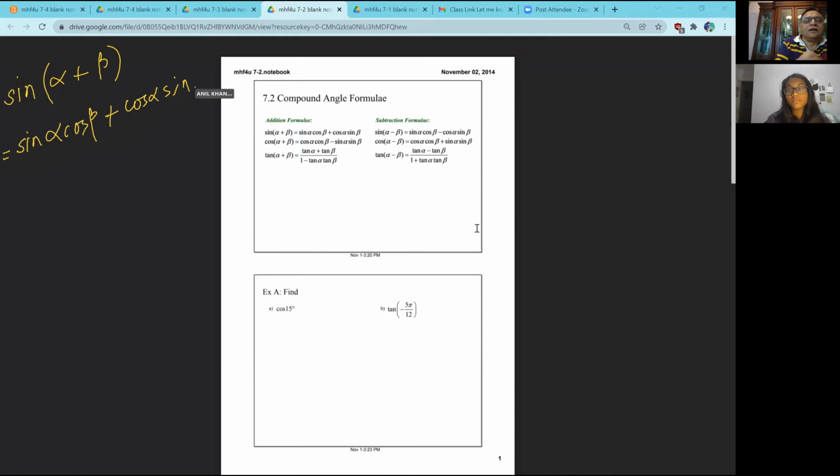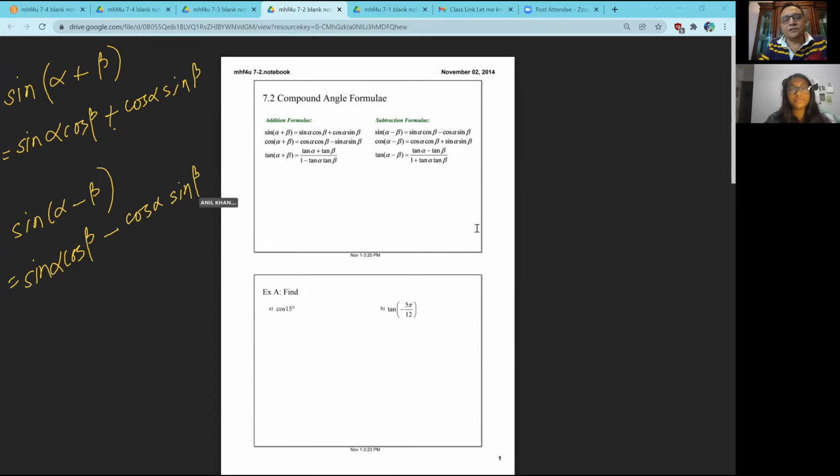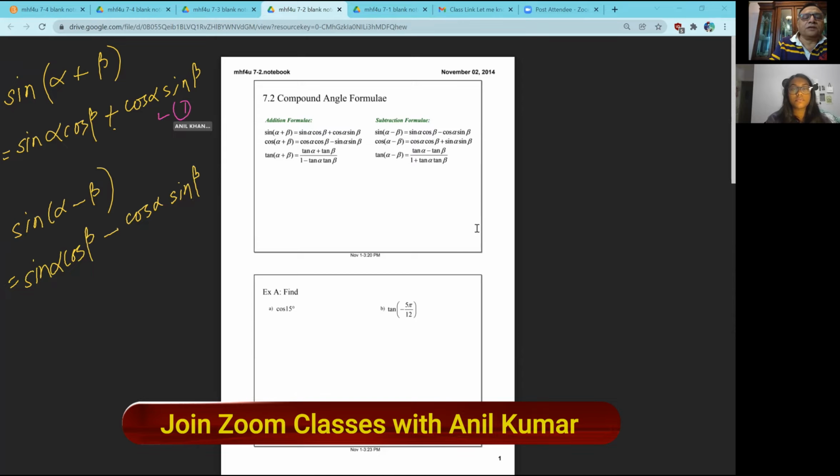If we have sine of alpha minus beta, in that case, the only change is this particular sign. So it becomes sine alpha cos beta minus cos alpha sine beta. Is that clear to you? Yeah. Easy to remember. Let's call them formula number 1 and 2, right?